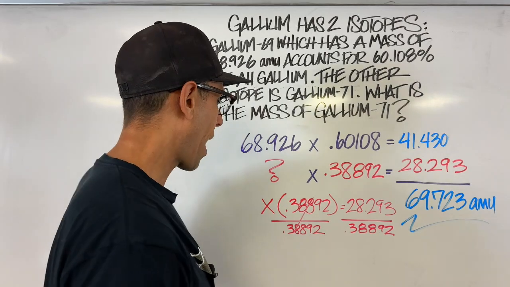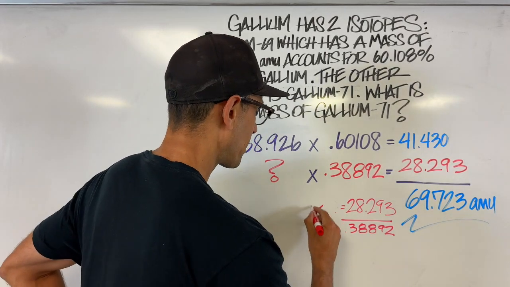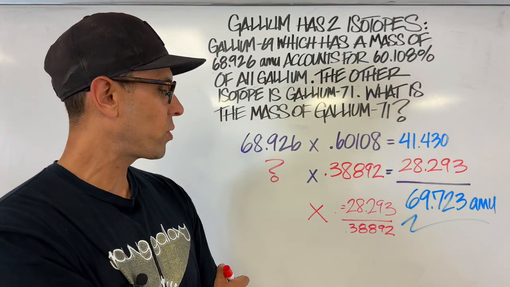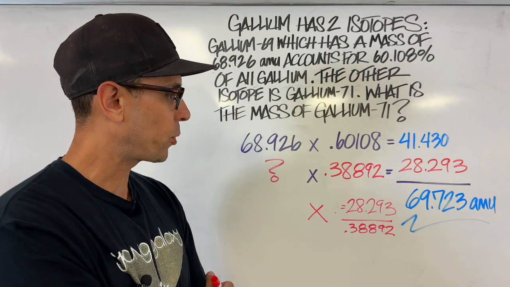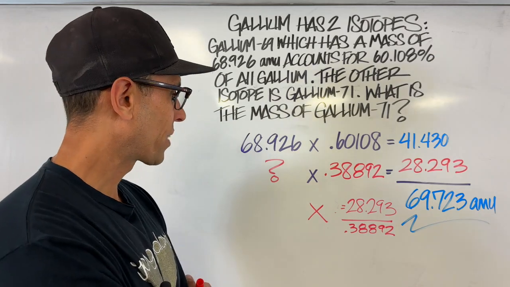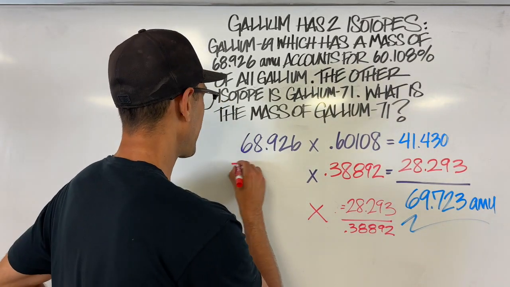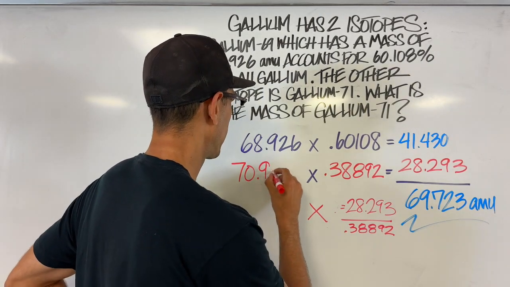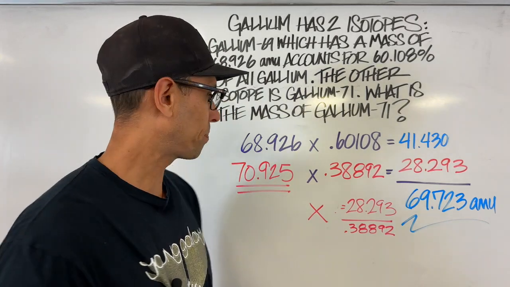So all you have now is x, which remember is our unknown, is equal to 28.293 divided by 0.38892. Okay, so what do we get when we put that into our calculator? The missing mass for gallium-71 is 70.925. That's the answer to this question.